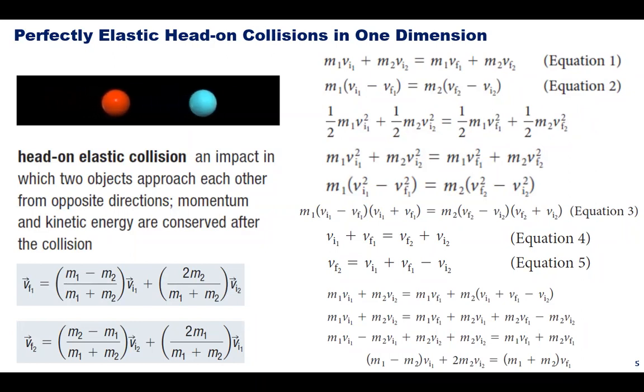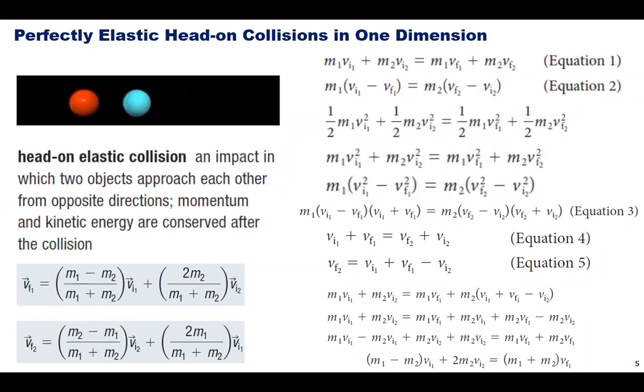We can derive expressions for the final velocities of two objects in a head-on collision in terms of the initial velocities and the objects' masses. So suppose an object of mass m1 travels with initial velocity vi1 and collides head-on with an object of mass m2, traveling at velocity vi2.